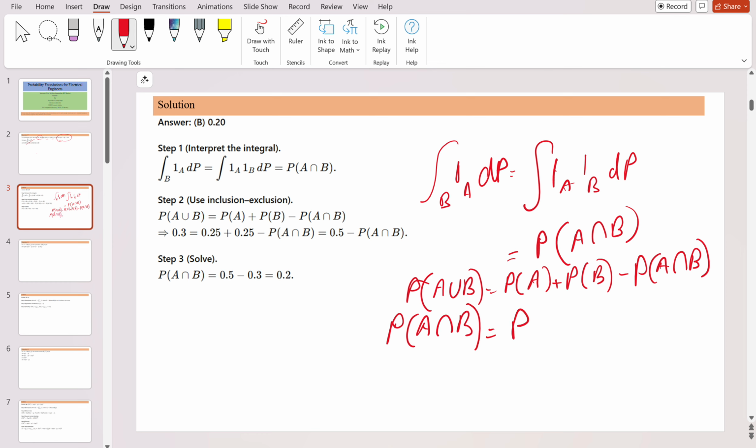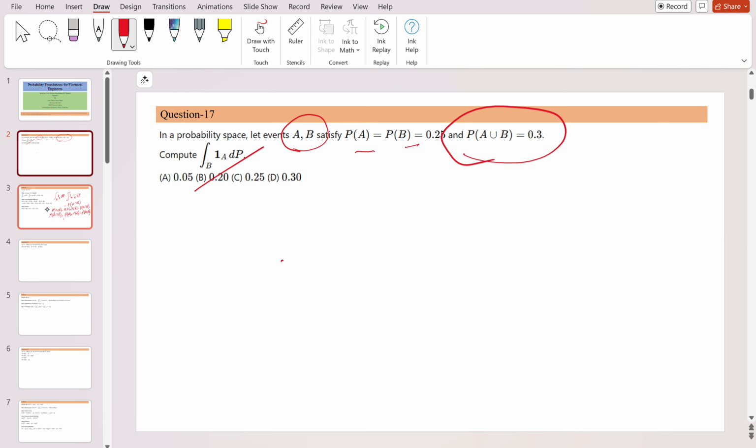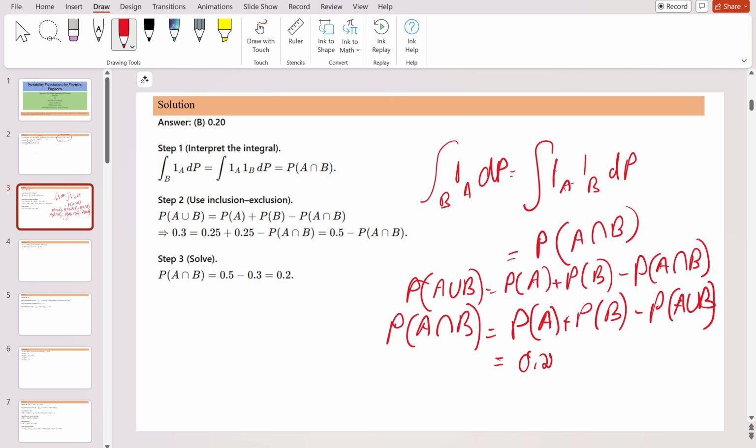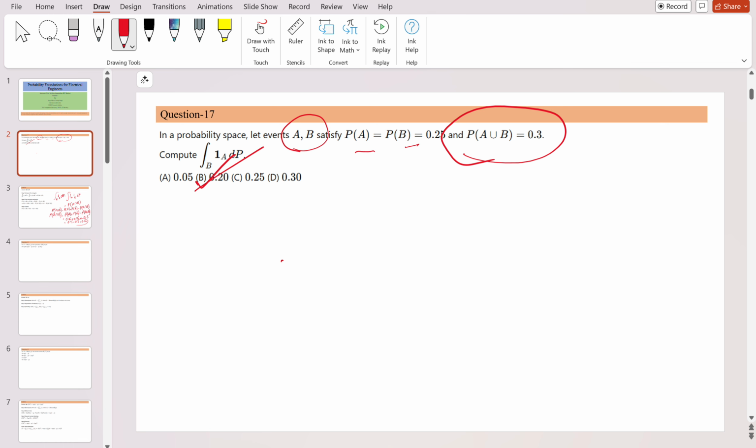That is simply equal to probability of A plus probability of B minus probability of A union B. The probability of A is given, 0.25, and 0.25, minus the probability of A union B, which is already given as 0.3. So this is 0.5 minus 0.3, that is equal to 0.2. That is the correct answer, so the correct answer is option B.